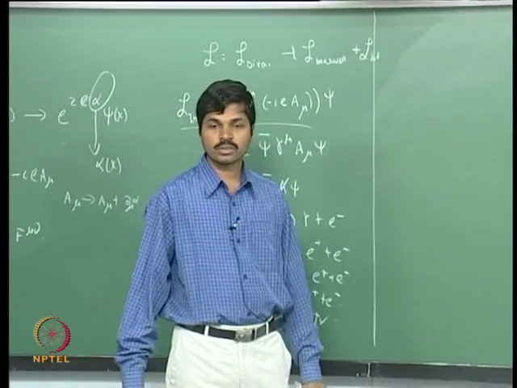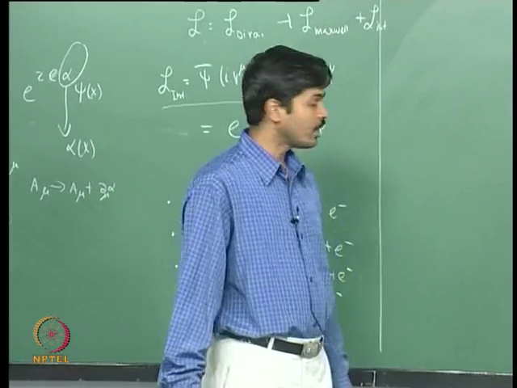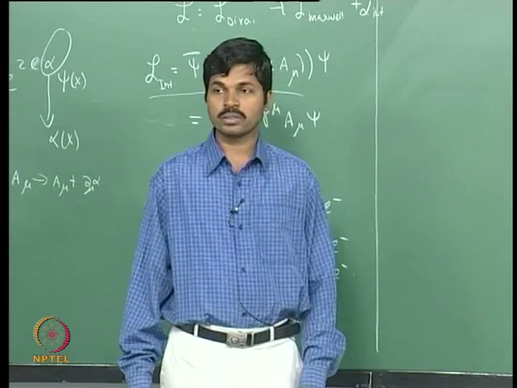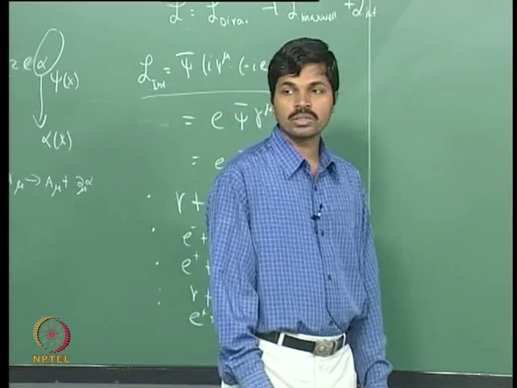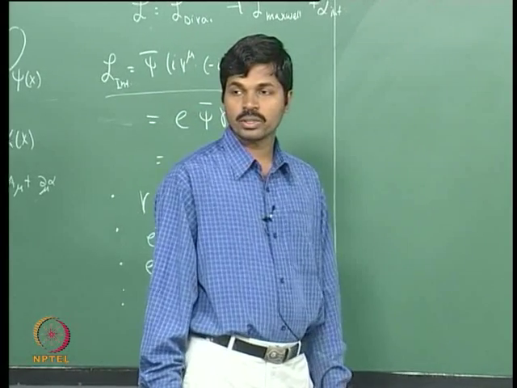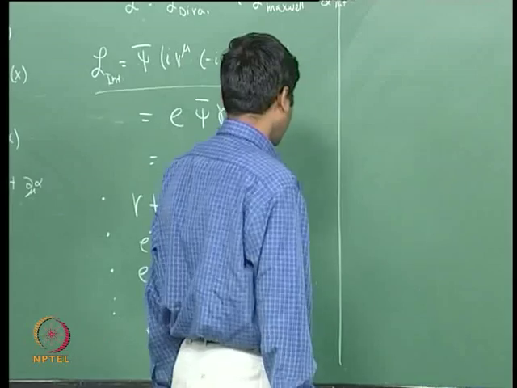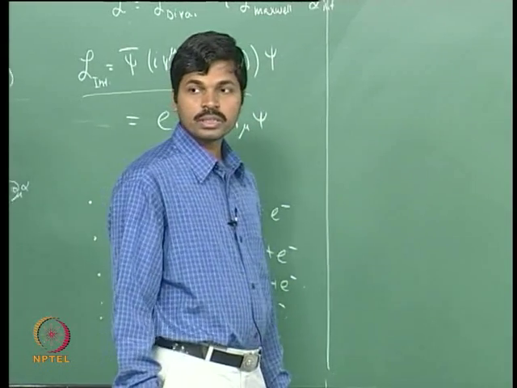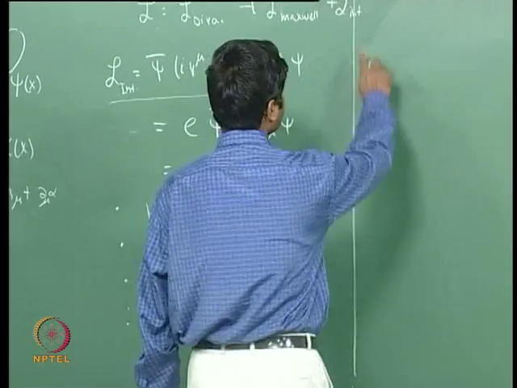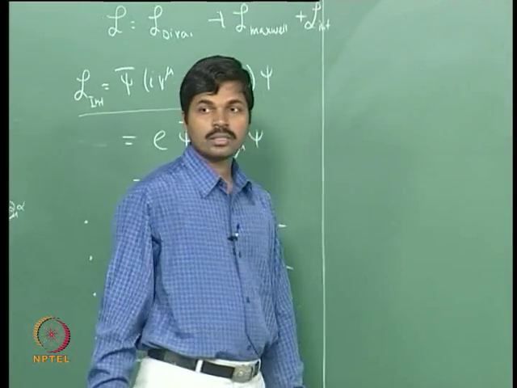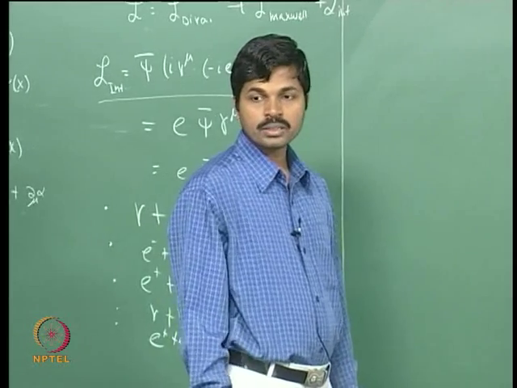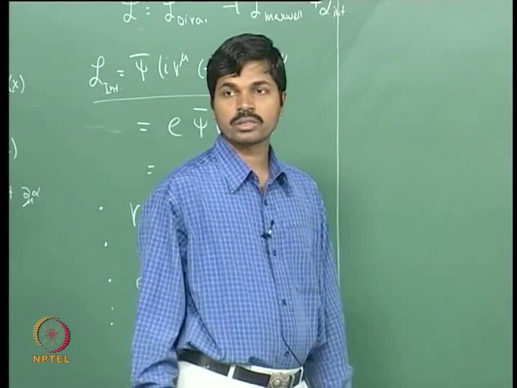Or in other words, we can derive a set of very simple rules, the Feynman rules, which will tell us how to compute the amplitude for any physical process. What we will do is first consider the S matrix, and then from the S matrix we will derive the Feynman rules.